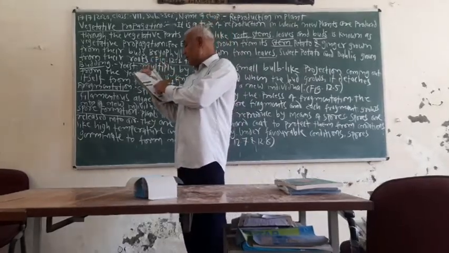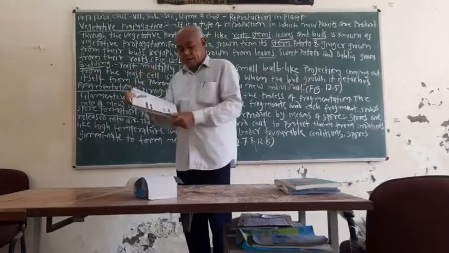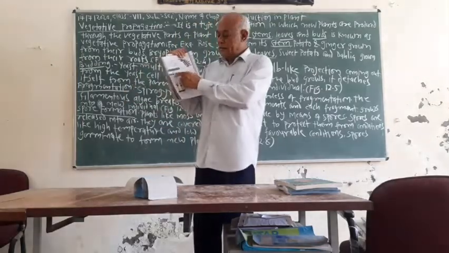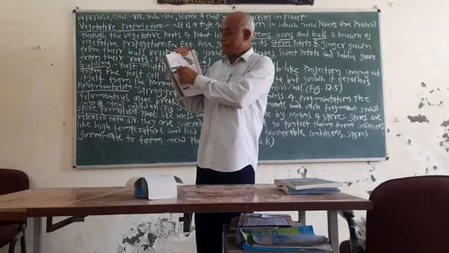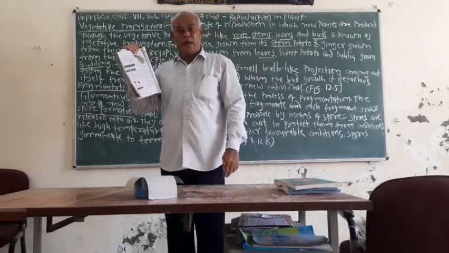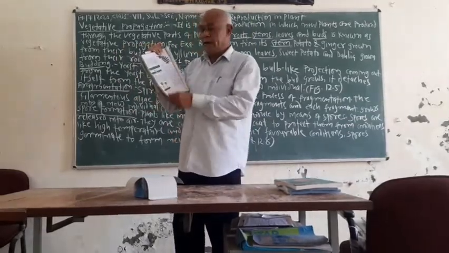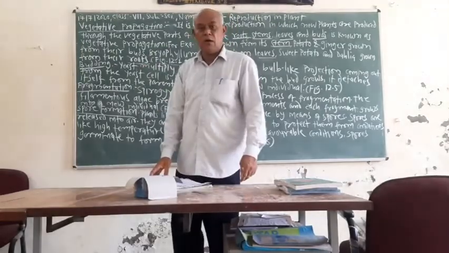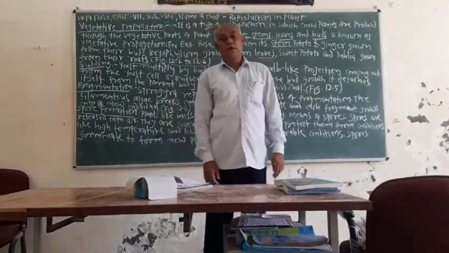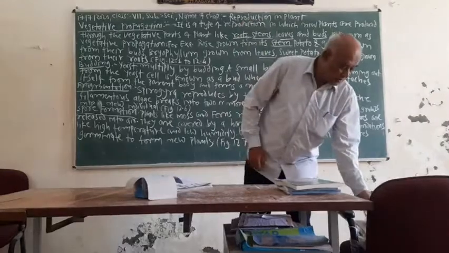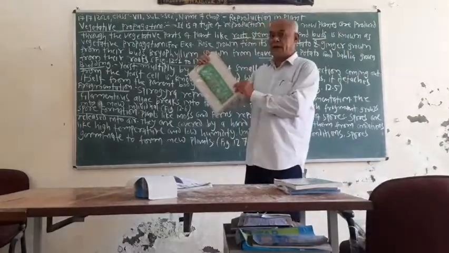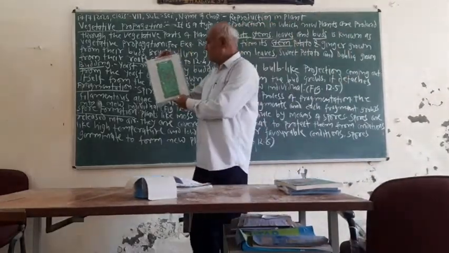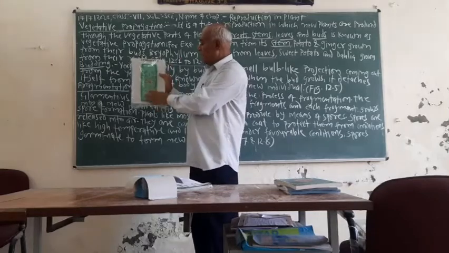Fragmentation in Spirogyra. If we break these two fragments into two further fragments, there are four small fragments of Spirogyra. The structure of Spirogyra is like this.